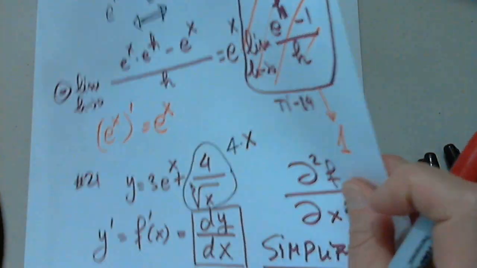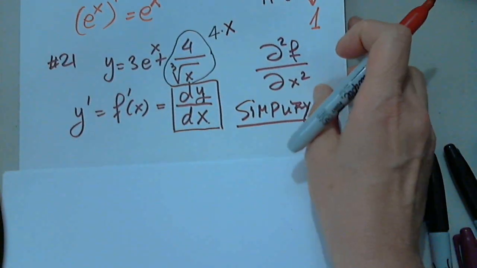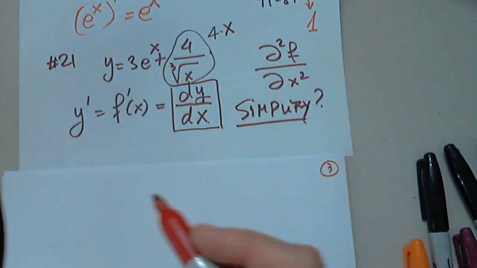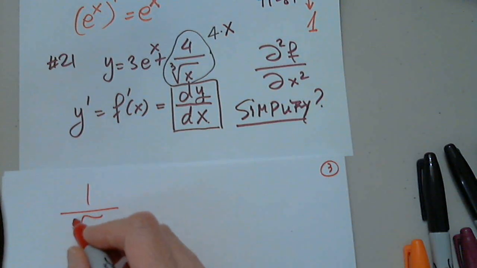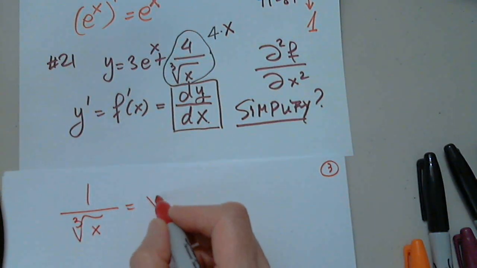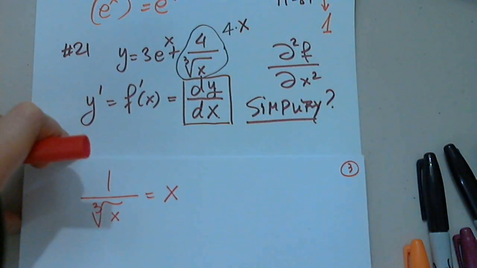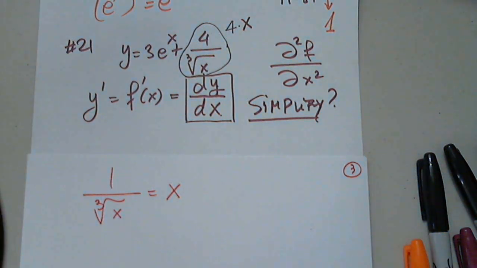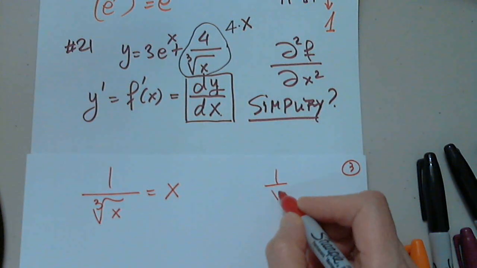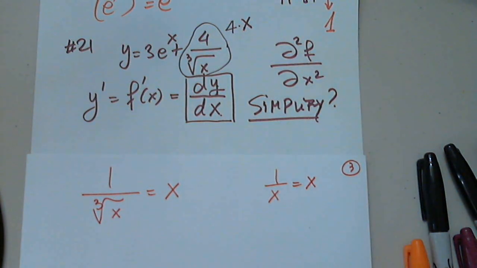Okay, maybe that's not clear. Let me write it here. I want 1 over the cube root of x to be written as x to a power. Extremely important. If I can do this... The 1/3 power? Say it again. The 1/3 power. But can 1 over x be the same with x?